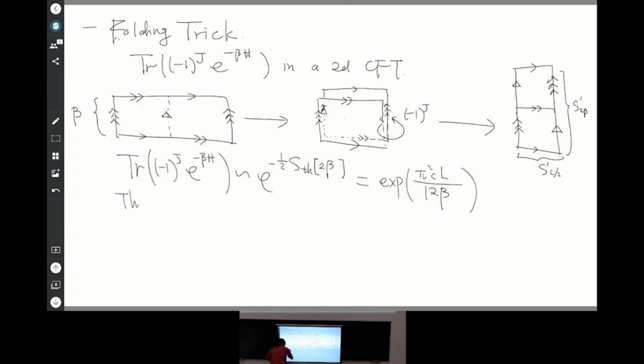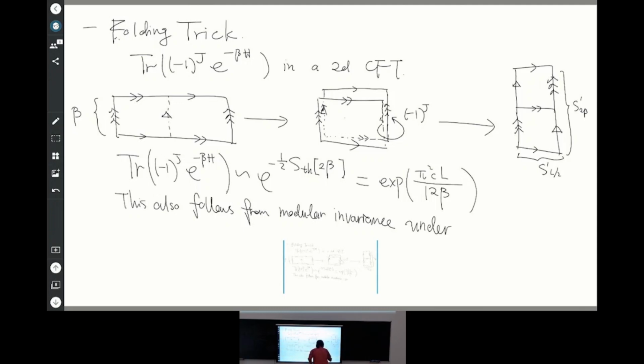This result also follows from modular invariance. This time, not modular invariance under the S transform, but modular invariance under a different PSL(2,Z) element, which is (-1, 0; 2, -1).